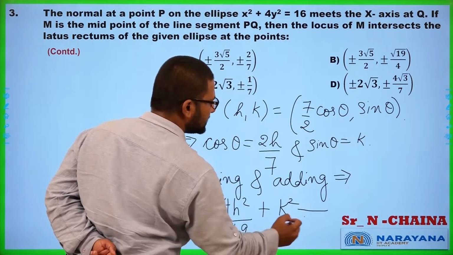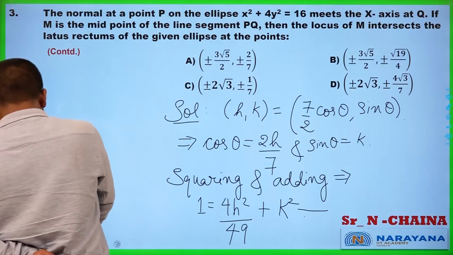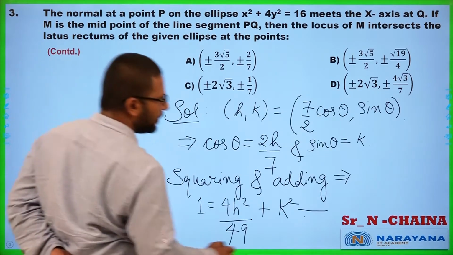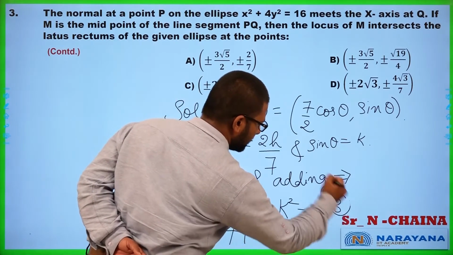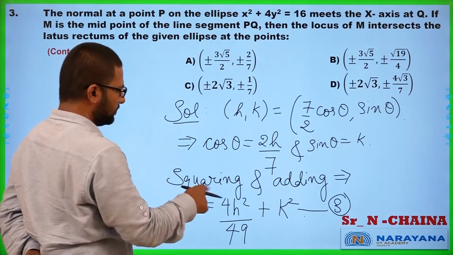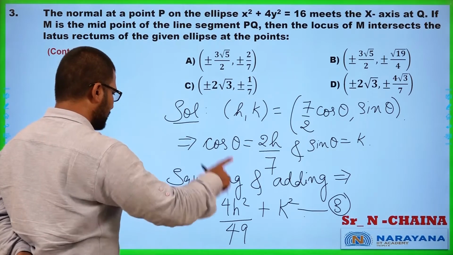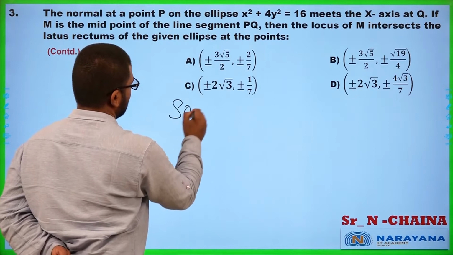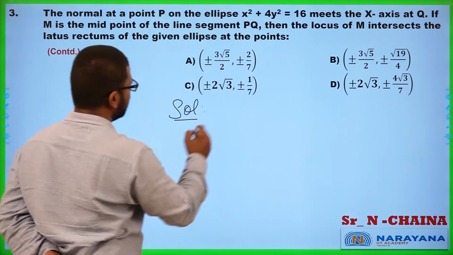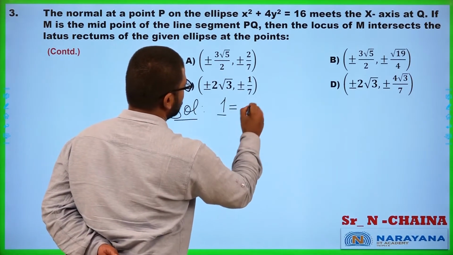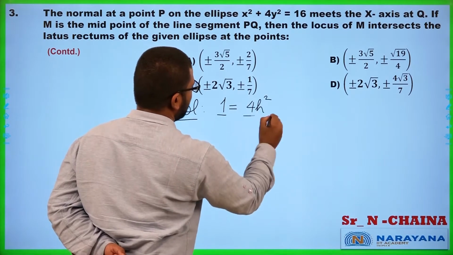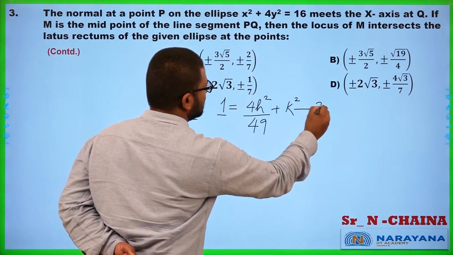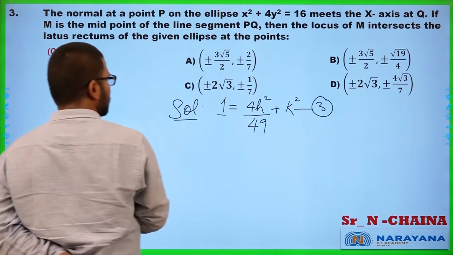So remember this, let us call this as, how many equations do we have now? 2, so let us call this as equation 3. So let us rewrite 1 equal to 4h square by 49 plus k square. This is our equation 3.